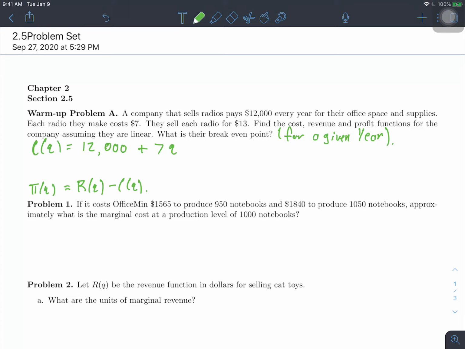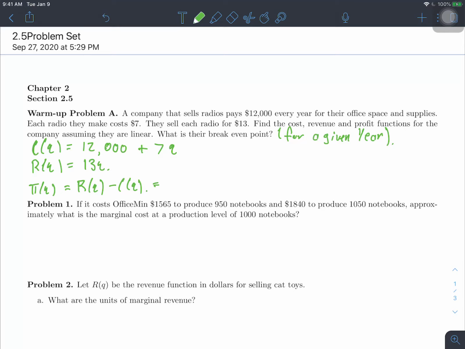So profit is kind of like a net change, whereas revenue is going to be the gross income. For our revenue function, that's all the money coming in. It looks like our only source of income is selling each radio for $13, so that's going to be 13Q. If I want to find pi of Q, I'm just going to subtract these two functions.